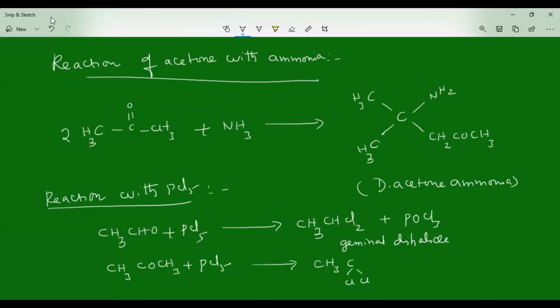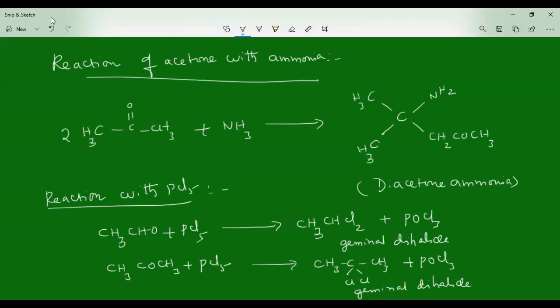So in the middle carbon, we have two chlorine atoms. This is called propylidene chloride, plus POCl3 will be formed. This is also a geminal dihalide because on the same carbon there are two halogens present. 2,2-dichloropropane is the name of this compound.